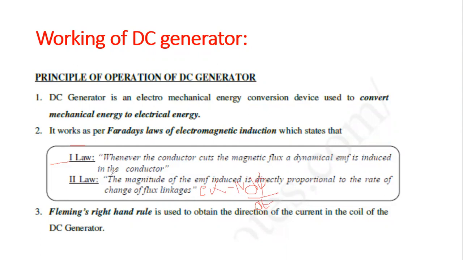This is Faraday's law of electromagnetic induction, second law. What is the first law? Whenever the conductor cuts the flux lines, an EMF is induced. The second law: the EMF is directly proportional to the rate of change of flux linkages, or is equal to minus N d phi by dt. When we remove the proportionality constant, we multiply with minus N. Otherwise, E is directly proportional to d phi by dt.